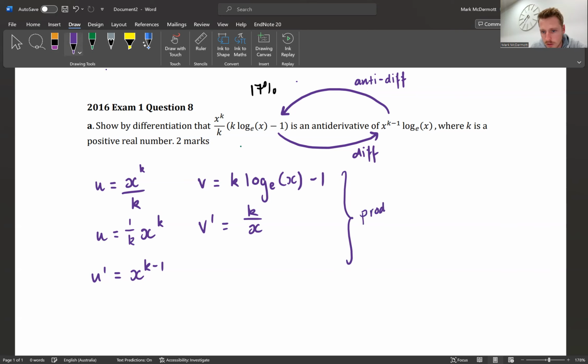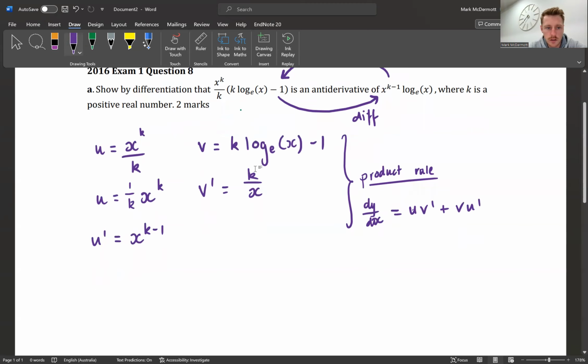So let's just remind ourselves, which says if you want to know dy dx, the derivative, then you're going to take u v dash plus v u dash. Okay, so let's do that.